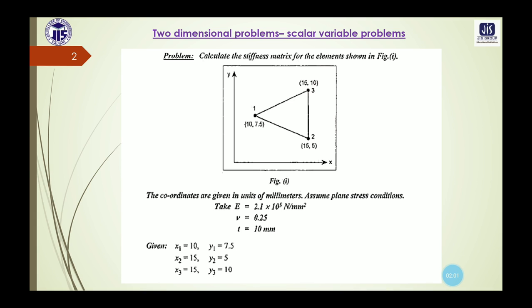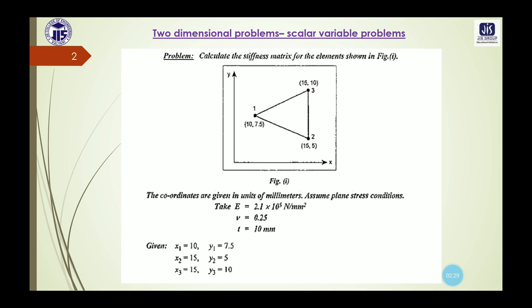So in this diagram we can see one triangular element, and for the three nodes of this triangle, which are actually the corner points, the coordinates are provided. So we need to calculate the stiffness matrix for this given element. First let us write what the coordinates are.